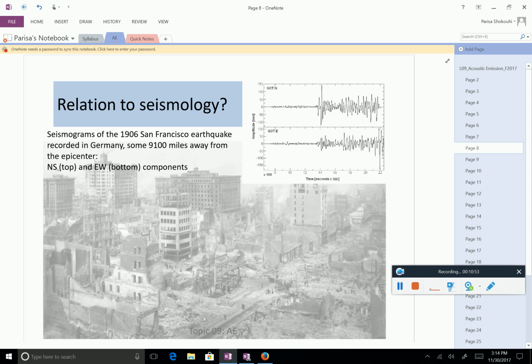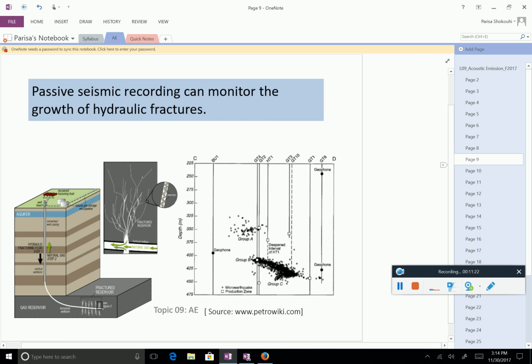So there is the analogy at larger scales. This is basically similar to earthquakes, and that's why there is a very strong connection between seismologists and people who do non-destructive evaluation using acoustic emission, because the methods are very similar. And more recently, in the context of hydraulic fracturing, we are actually creating artificial earthquakes.